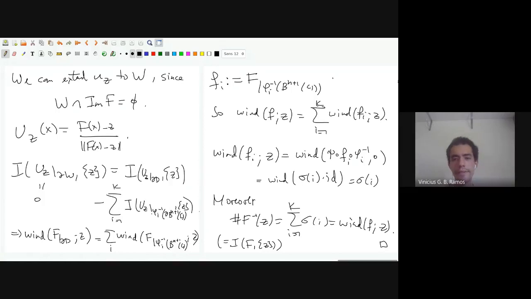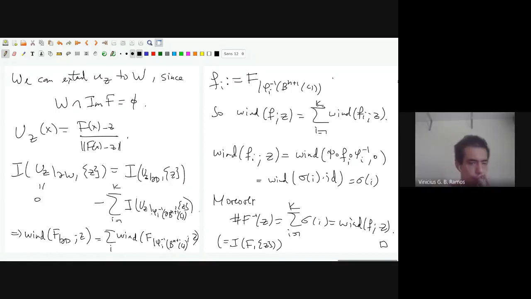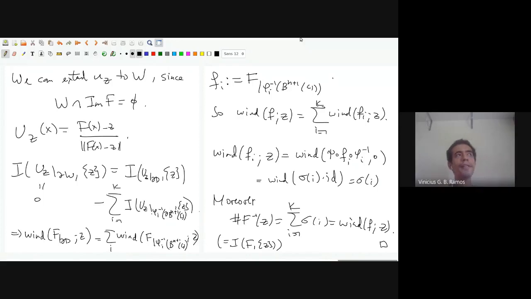Any questions? Yes, the winding number is the same in local coordinates because the charts are orientation preserving. It's because the degree is well defined. If you take a diffeomorphism that's orientation preserving, the degree will be preserved.